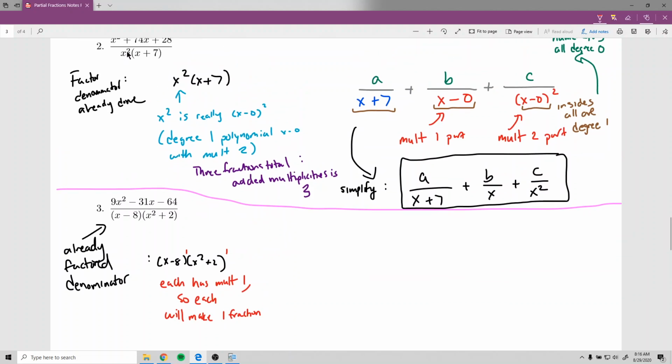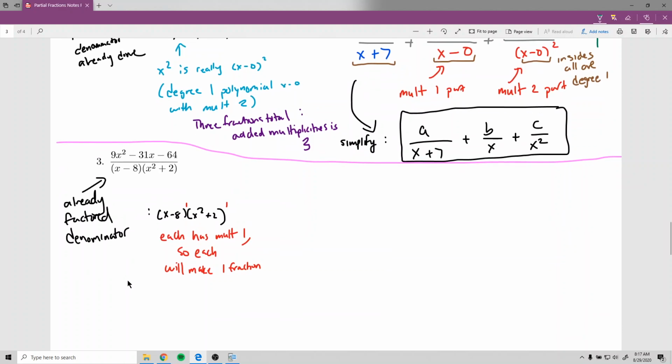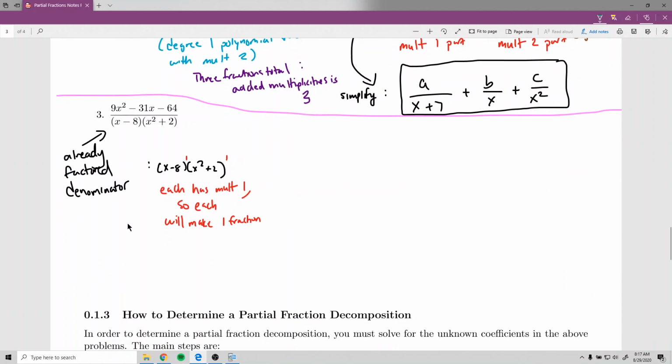X squared, we can write as x minus 0 squared. X squared plus 2 cannot be factored. The reason we know it cannot be factored is if you try to set it equal to 0 and solve it, you get imaginary numbers. So that's why we don't have to do anything extra here, but I will go ahead and write that down.